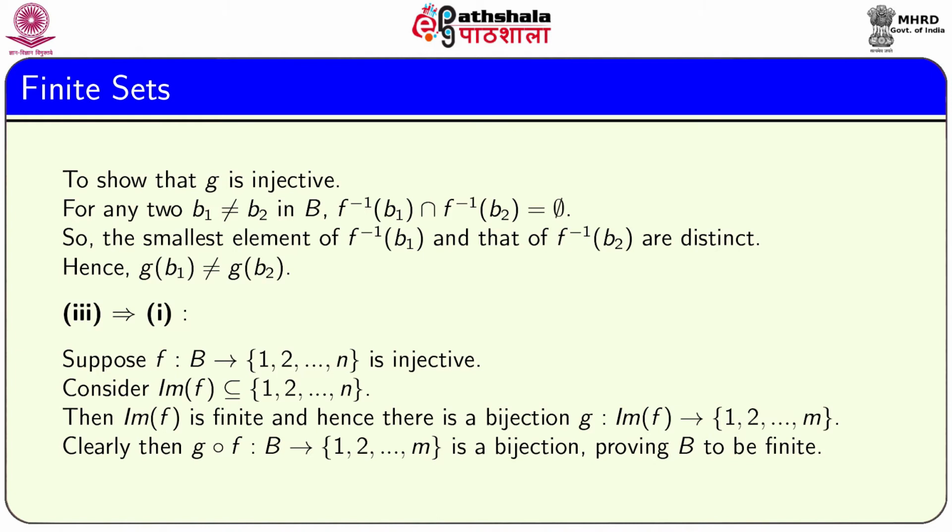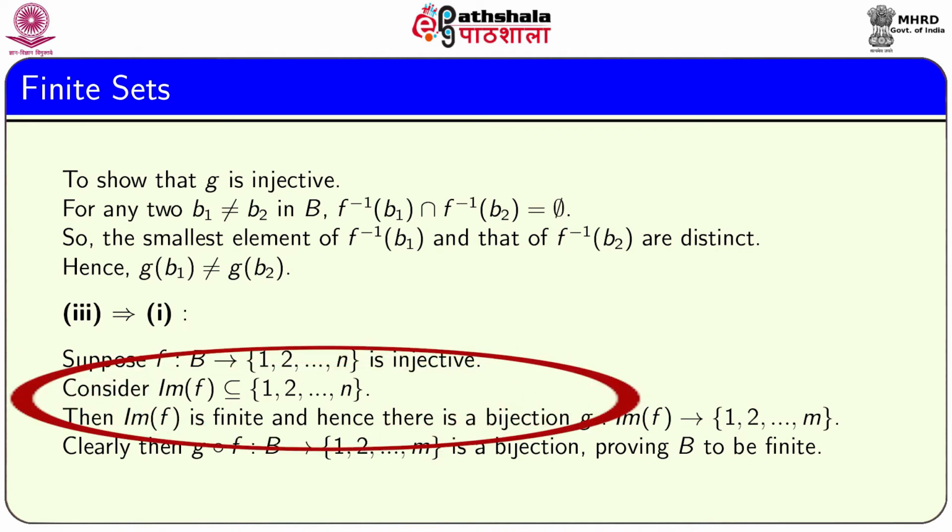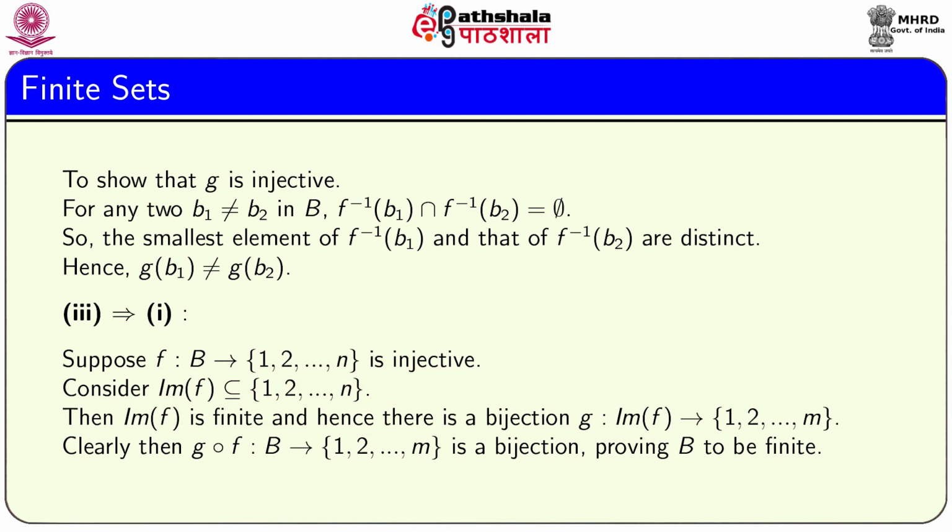Finally, for 3 implies 1, we start with a function f from B to the set {1, ..., n}, which is injective. Consider the image of the function f, which is inside {1, ..., n}.